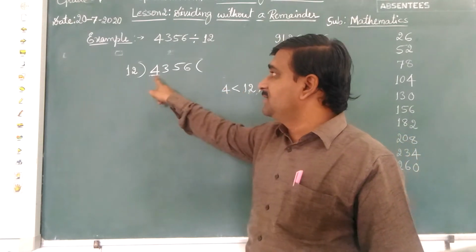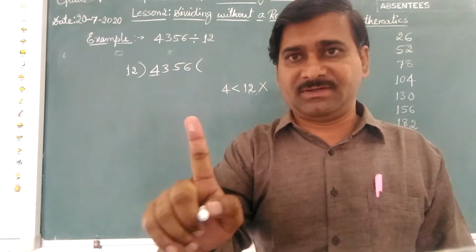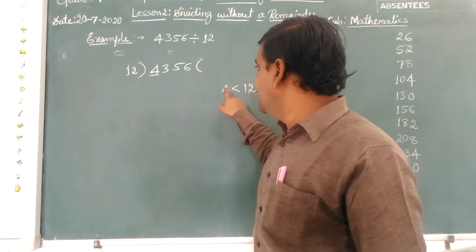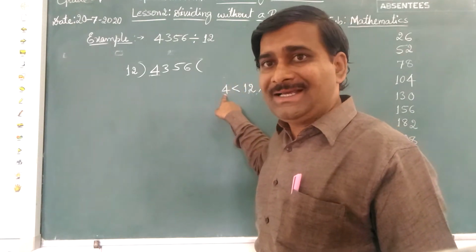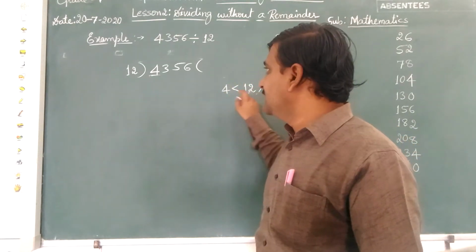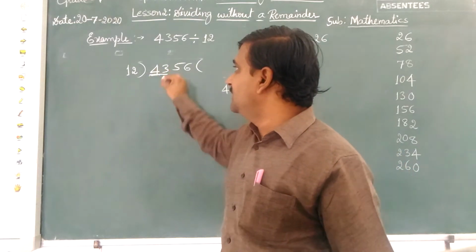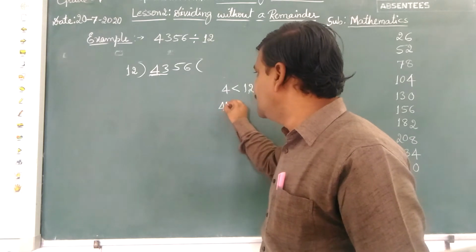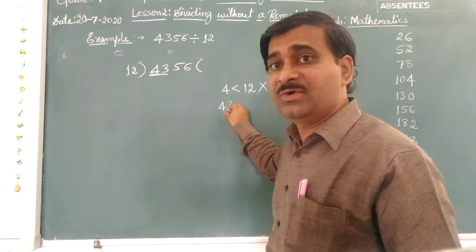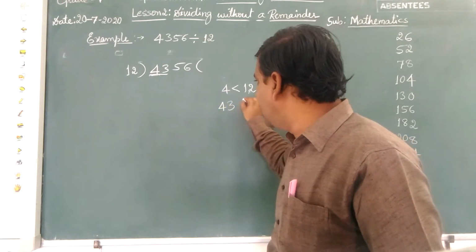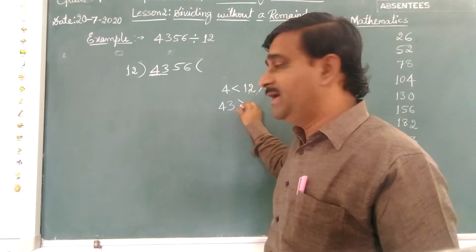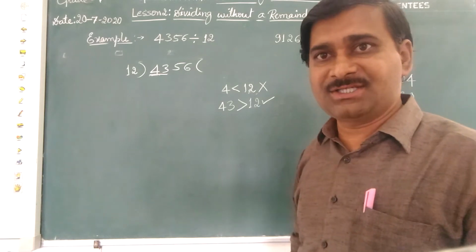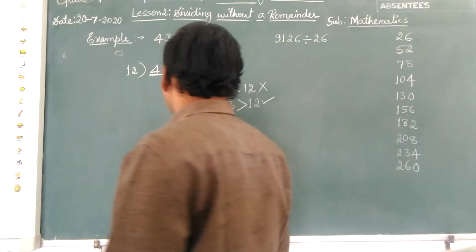If the dividend is smaller than the divisor, then we should select the leftmost 2 digits of the dividend. Now, the dividend is greater than the divisor. Here we can divide, children. So this is the first step.